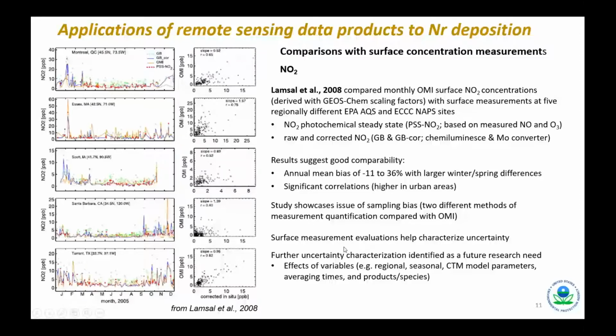I thought this was also exemplary that surface measurement evaluations will help to characterize uncertainty. Many of the aspects they looked at, regions, seasons, different model parameters, and averaging times, will affect the accuracy you can get.